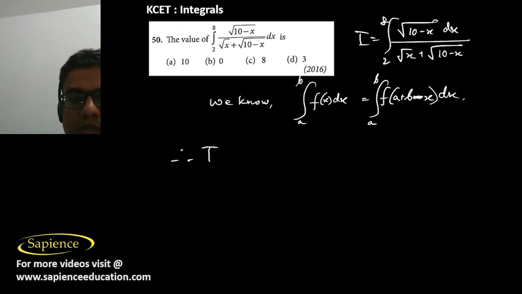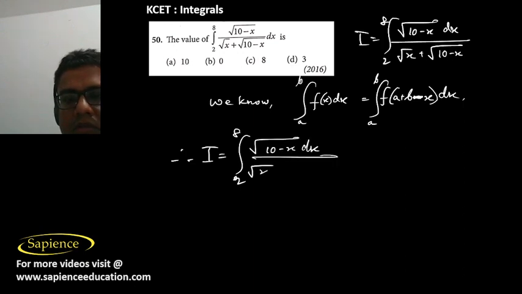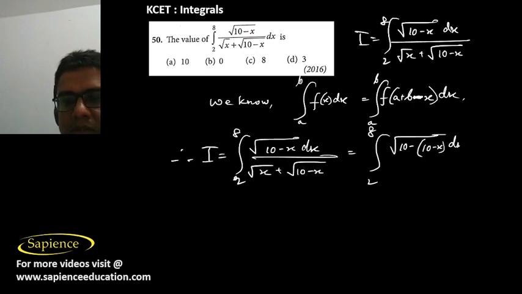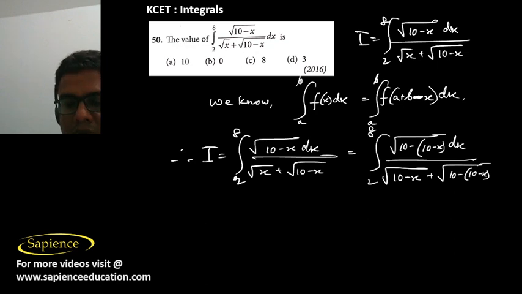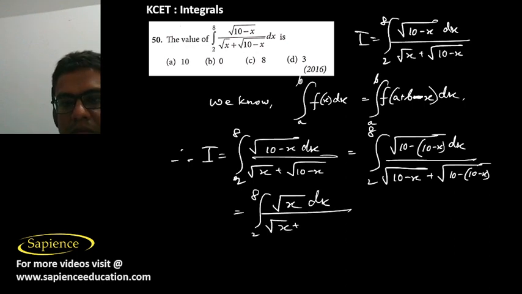So this integral I, which is the integral from 2 to 8 of root (10 minus x) dx by root x plus root (10 minus x), can also be written, since 2 plus 8 is 10, as the integral from 2 to 8 of root (10 minus (10 minus x)) dx divided by root (10 minus x) plus root (10 minus (10 minus x)). So this will be equal to root x dx divided by root x plus root (10 minus x).